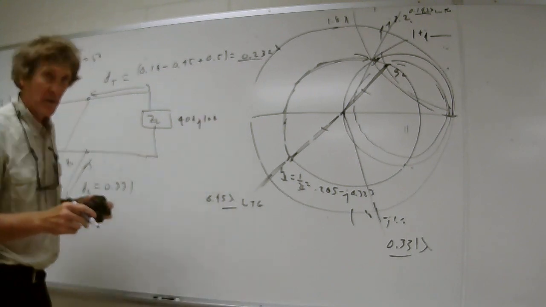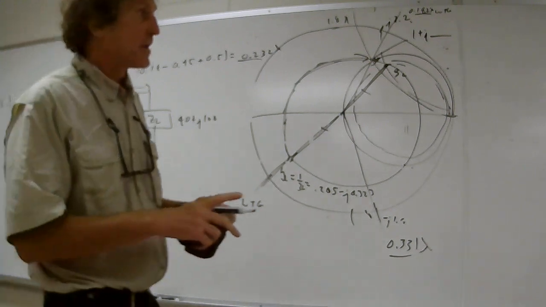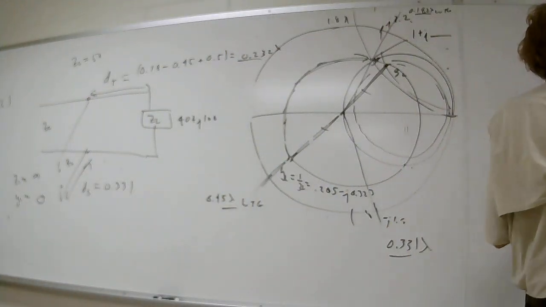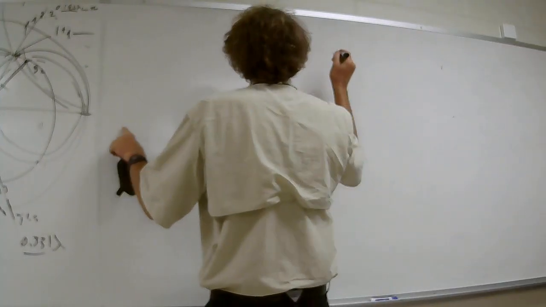It says, determine the reflection coefficient seen looking into the matching network. Basically the reflection coefficient on this side. Now it doesn't match, but we still have to figure it out going through the same reasoning process. So maybe I need another chart right here. I'm going to do it right here. Leave that one.